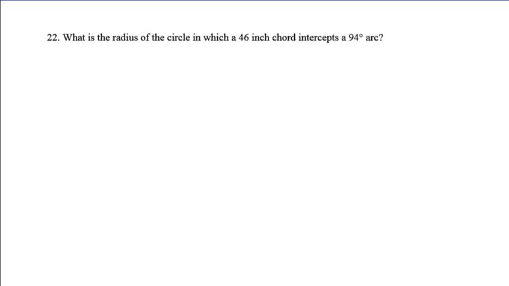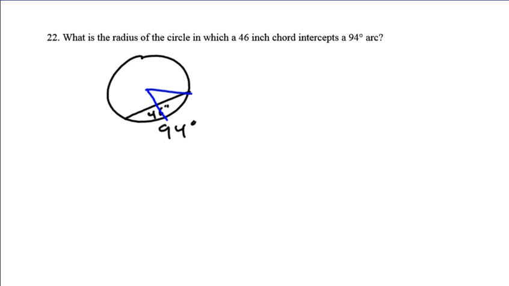Here we need to draw a circle first, and we need to draw a chord. This chord, 46 inches. This arc, 94 degrees. We need to draw a radius here and a radius here. This radius connects the center to the end of the chord.